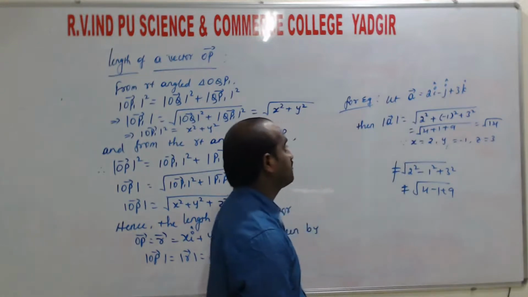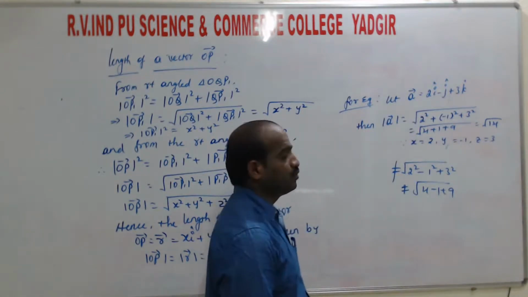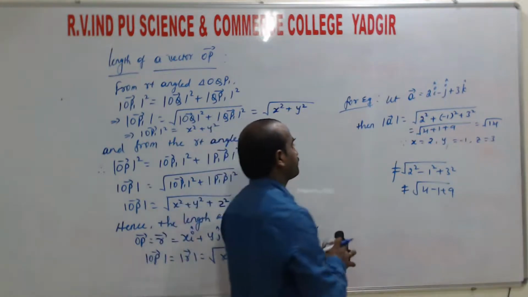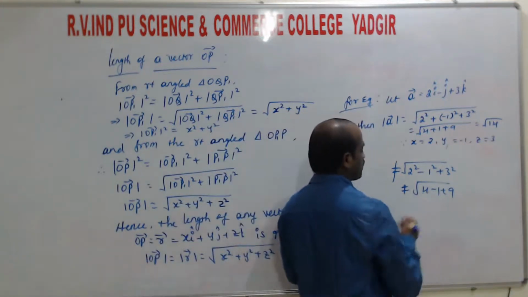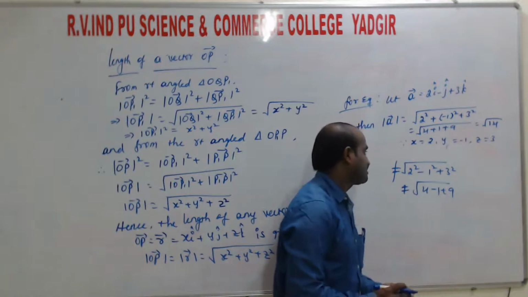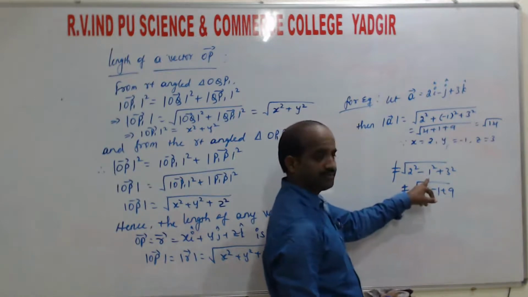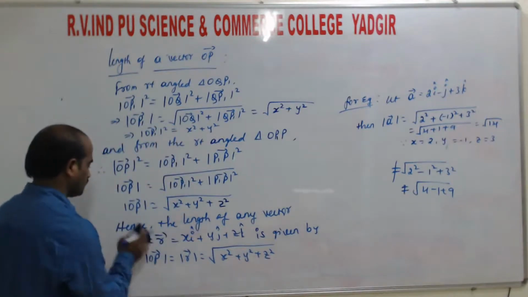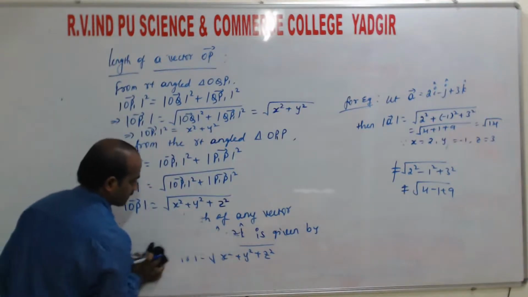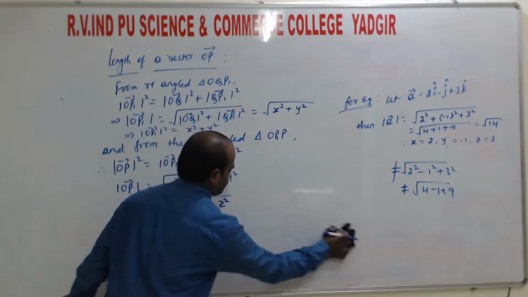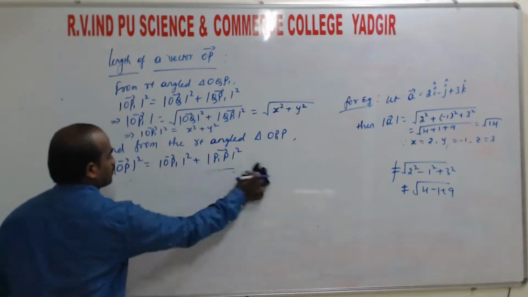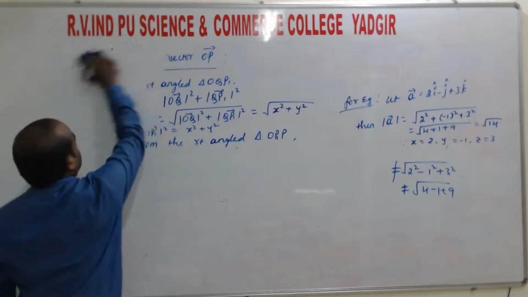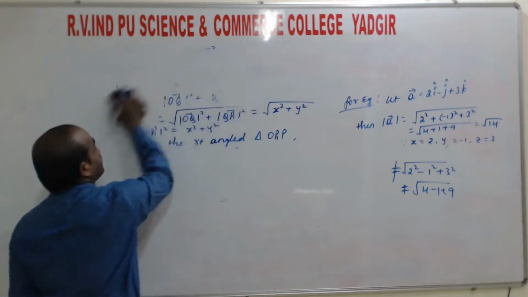Length of A vector is root 14. Not equal to root of 4 minus 1 plus 9. Don't take this one. This is the length of a vector.